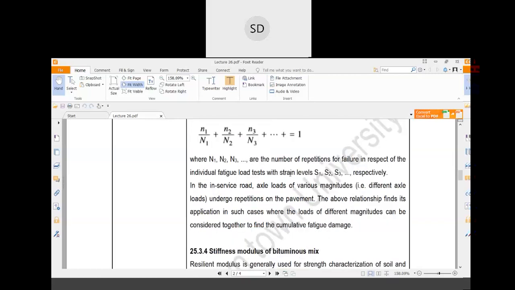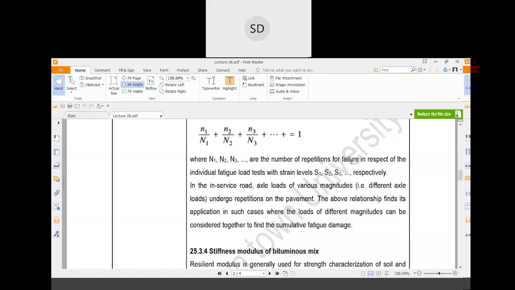Now in an in-service road, axle loads of various magnitudes undergo repetitions on the pavement. Because there are different types of load magnitude, it is a practice to convert all the different types of load repetition into a unit load repetition or a standard load repetition.